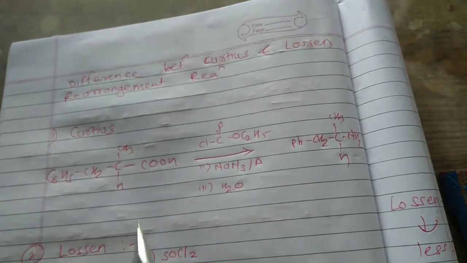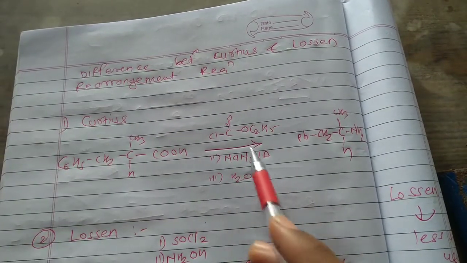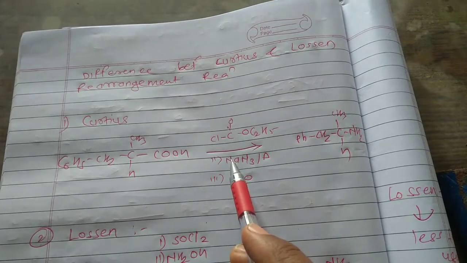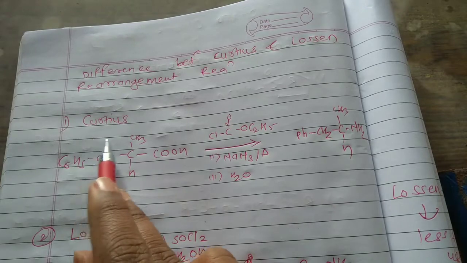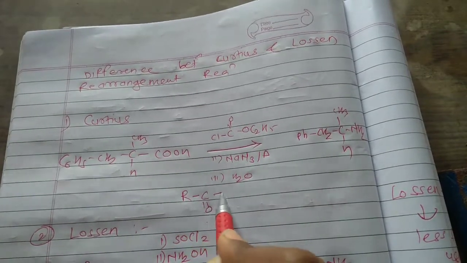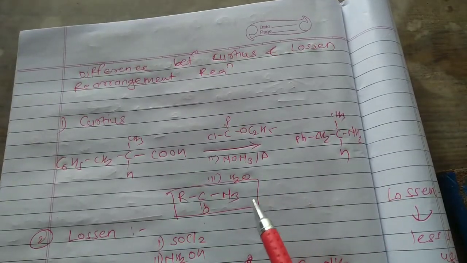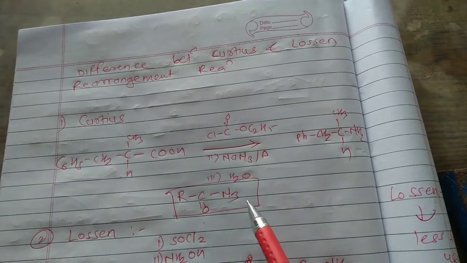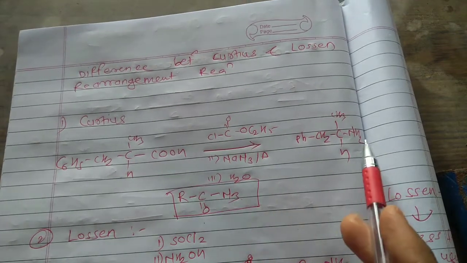In the Curtius reaction, whenever the acid is treated with NaN3, that is sodium azide, there is a formation of the acyl azide. If we consider the R group, there is a formation of RCON3. This is the reactive precursor for the conversion to the amine.